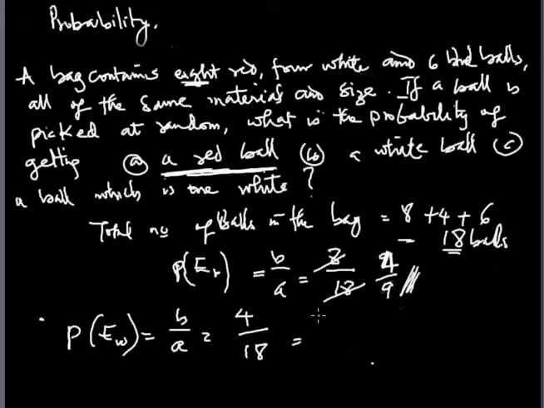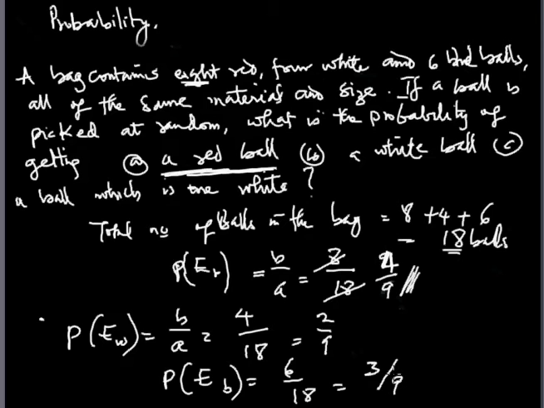So 4 over 18 is 2 over 9. And the blue ball: the probability of getting a blue ball is, how many blue balls do we have here? We have 6 blue balls. 6 over 18, which is 3 over 9, which is the same thing as 1 over 3.